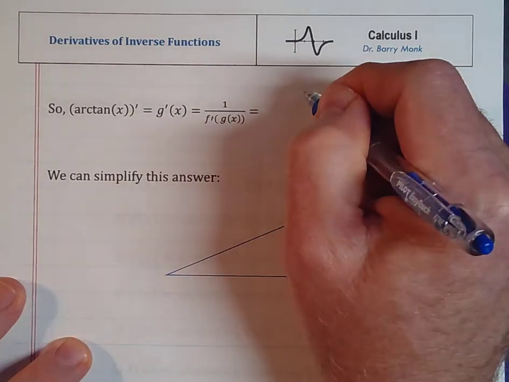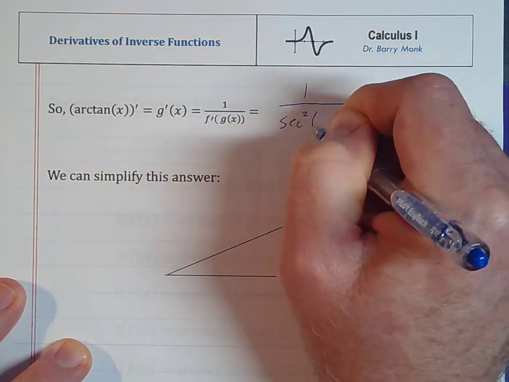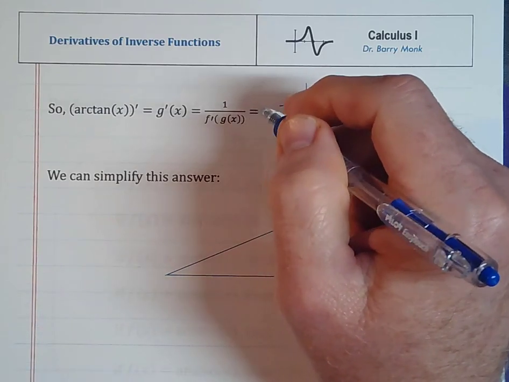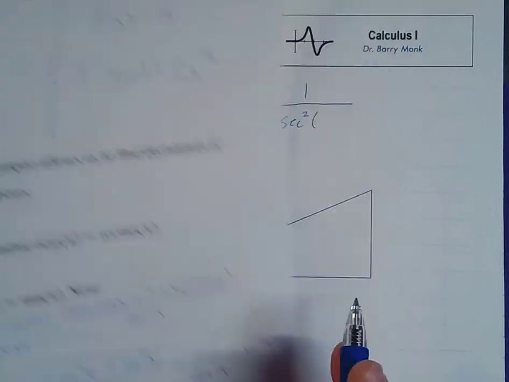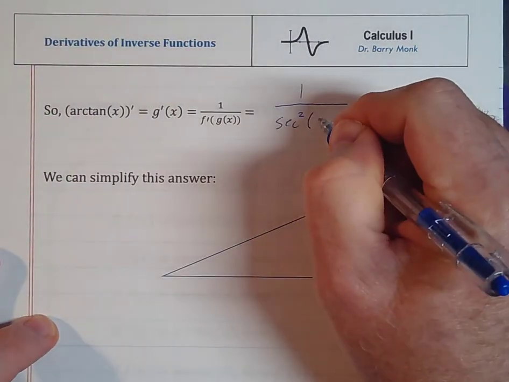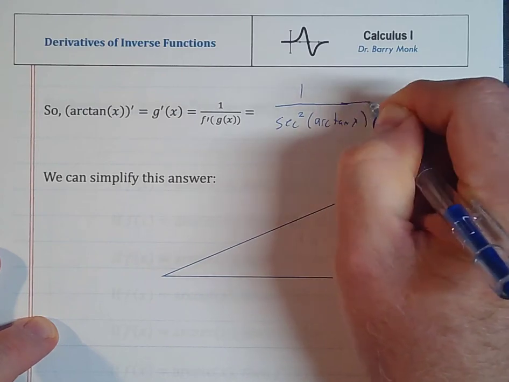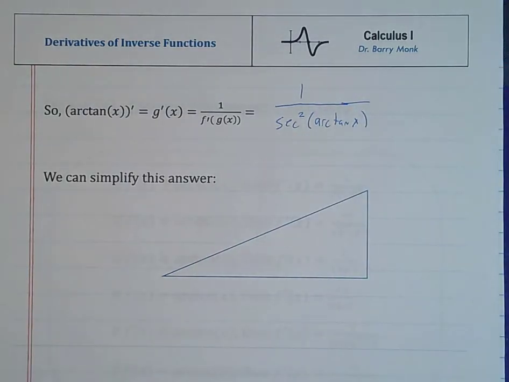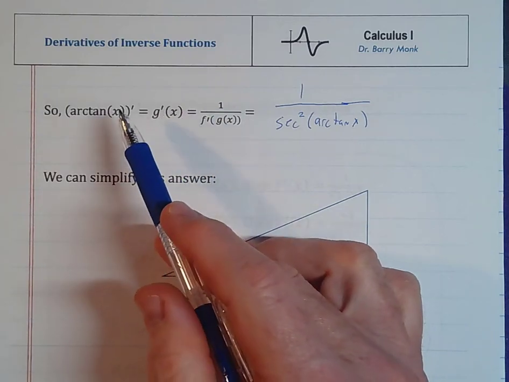So that would be 1 over secant squared of g of x. Now let's remember that g of x is the original function, g of x is arctangent. And okay, fine, I've now found the derivative of arctangent.